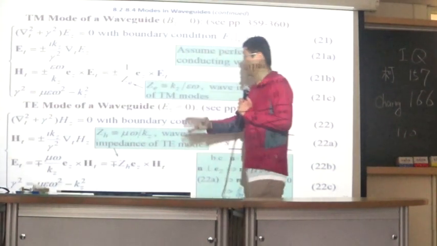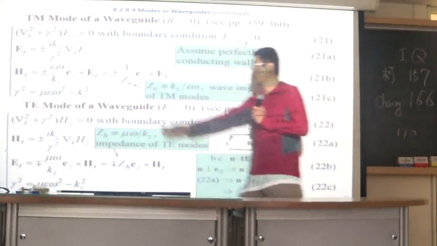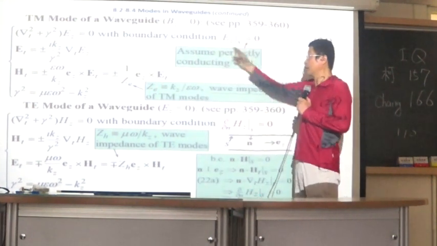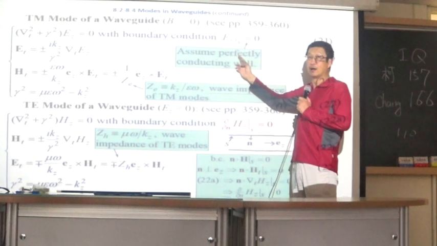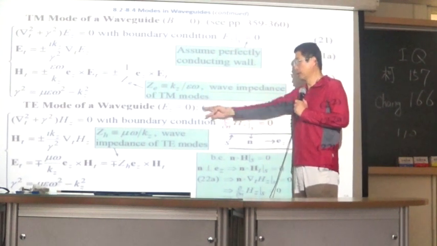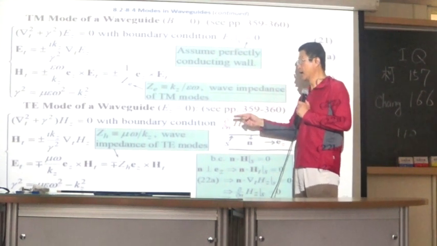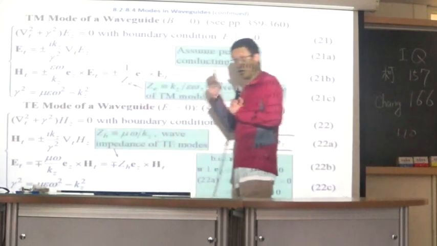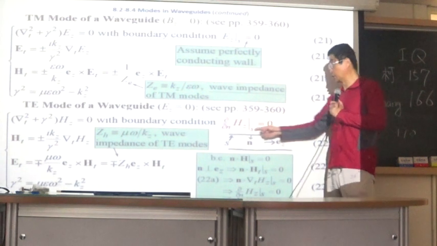How to determine the Z component? Easy. You can easily use the boundary condition here. How to determine BZ, or HZ? You can use another boundary condition.